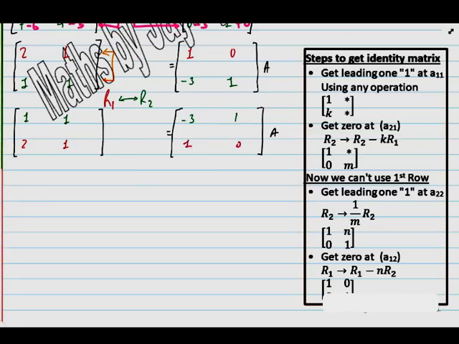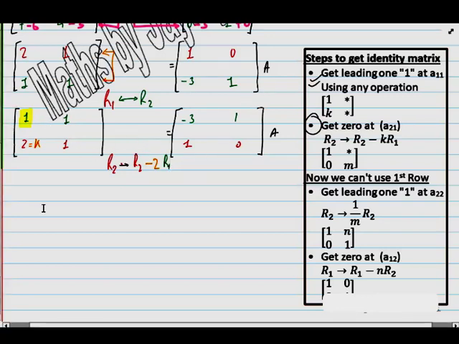Okay, so tada, we complete our first step. We get a leading 1 as well as the value of k. Now we should move to the second step, in which we need to get 0 at A21, by applying the process R2 gives R2 minus k, or we can say 2R1.